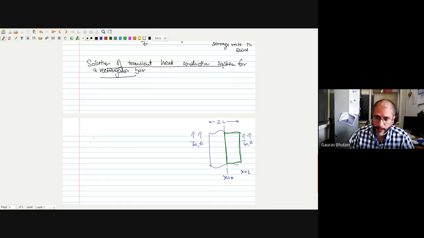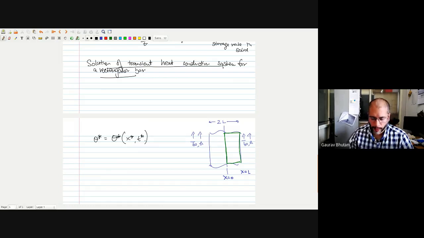Again, we solve the system using the same idea of the method of separation of variables, as we've done in the past for 2D heat conduction. In this case, we have two independent coordinates, so my theta star is a function of x star and t star.